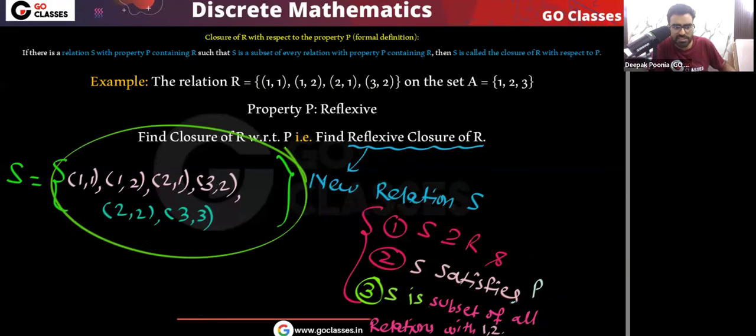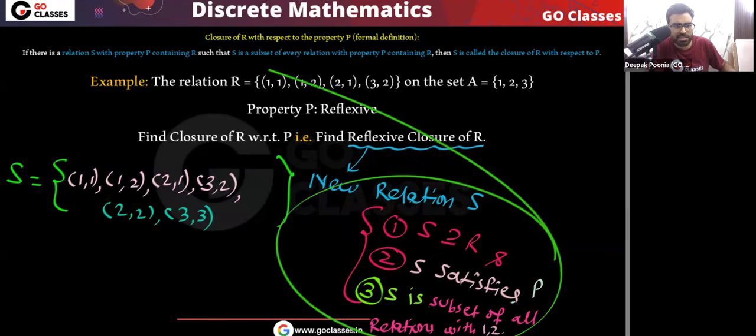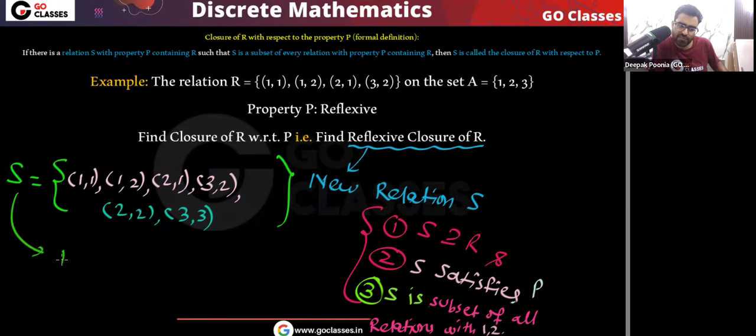So finally this S has all these three properties, and I can say that this S is the reflexive closure of R.